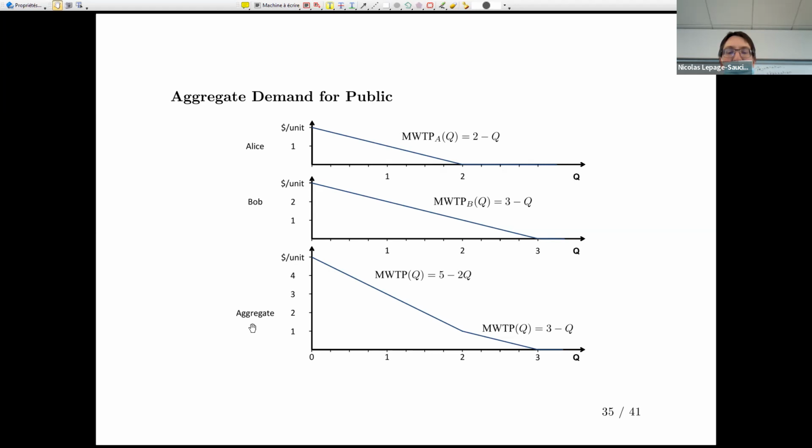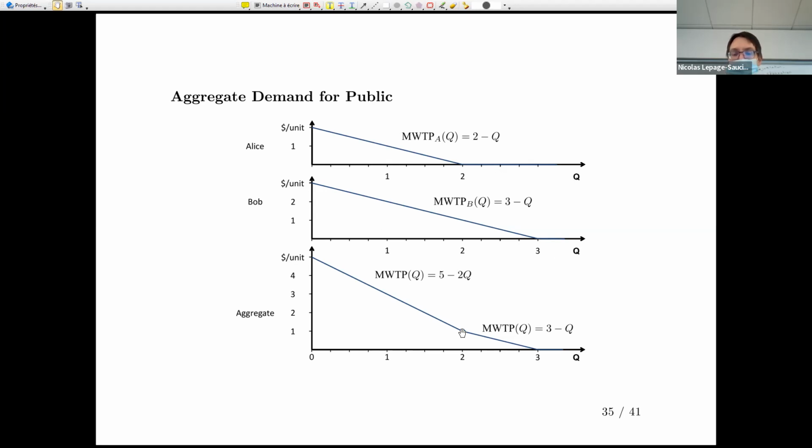If you want to have the aggregate marginal willingness to pay, or the aggregate value, you just add these two prices together, or these two individual marginal willingness to pay. And here you see that it's like in the exercise I just gave you. So once it reaches zero, then it just stays at 0. Once it reaches 0 at 3, it stays at 0. So then what happens between 2 and 3 is that Alice's doesn't become negative, it stays at 0.